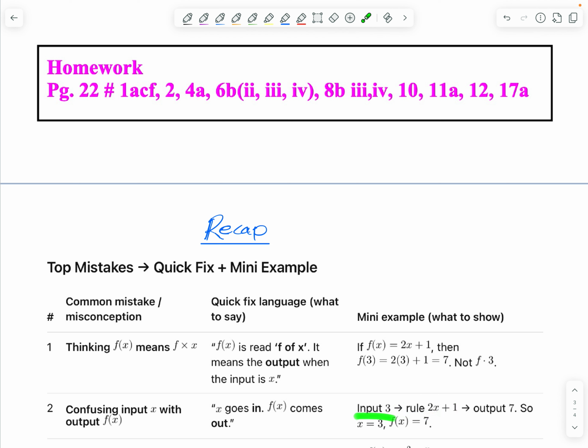So for the input 3, let's say there's a rule, a process, which is saying double that input 3 and add 1. So now when I double 3, I get 6, and then when I add 1, I get an output of 7. So I say when my input x is 3, f of 3, or f of x when x equals 3, is 7. Okay.